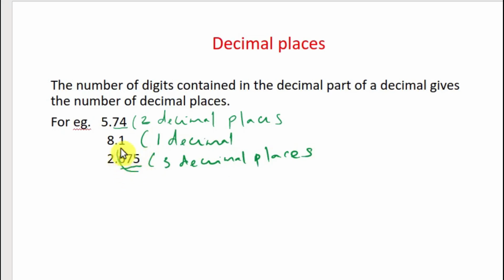So the number of digits in the decimal part gives the number of decimal places.